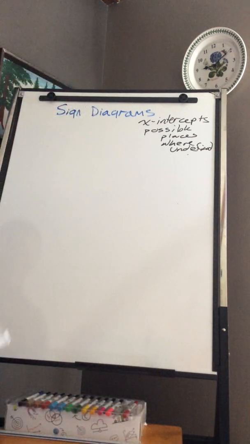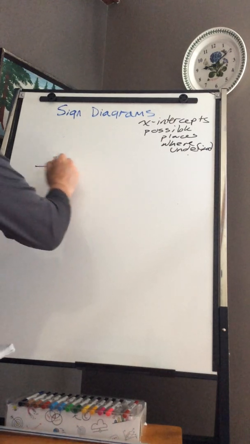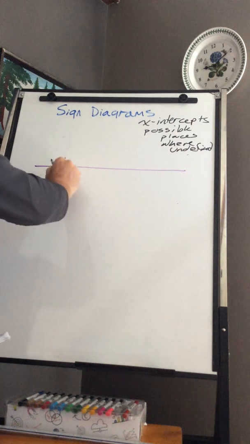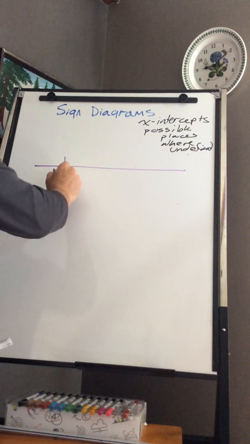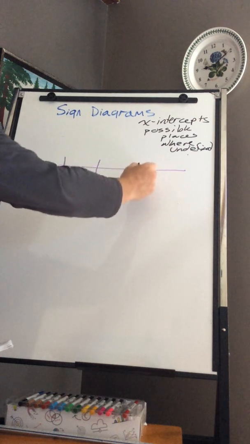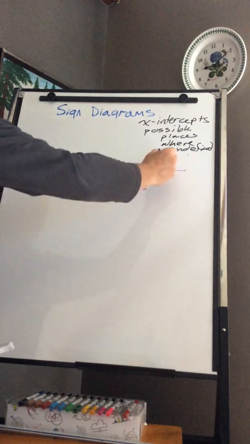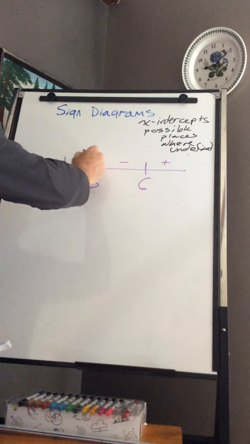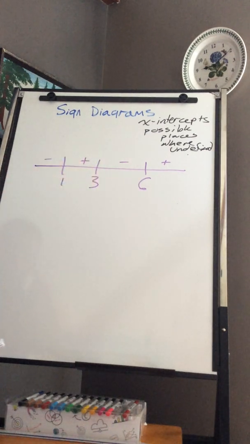So the next example, we've got, given the sign diagram, here's the sign diagram. We've got 1, 3, 6. Positive, negative, positive, negative. Given the sign diagram alongside, use interval notation to describe where the function is greater than 0.